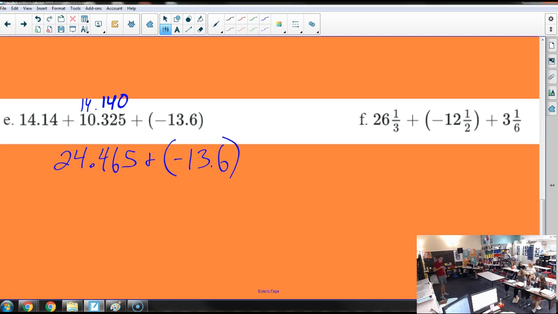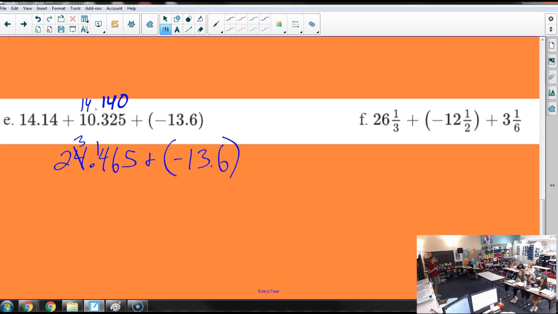Yeah, we would just borrow, right? Or honestly, just use a calculator. Seriously, unless you're told you can't, just use a calculator. You know how to do this, right? You would borrow, you would set up the thing, the 4 becomes a 3, the 4 becomes a 14, that whole thing. You know how to do that, but you don't need to if you have a calculator. Okay, that's the point I'm getting at.